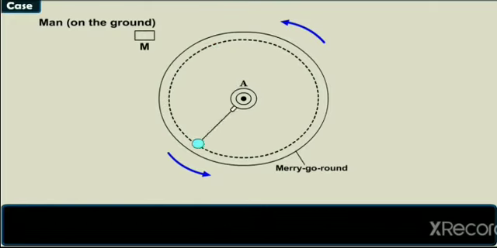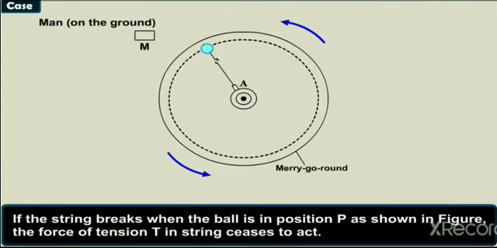Case. If the string breaks when the ball is in position P, as shown in figure, the force of tension T in string ceases to act.